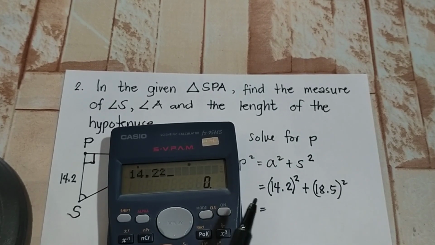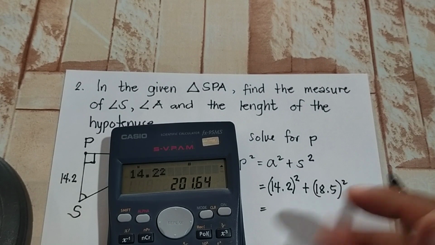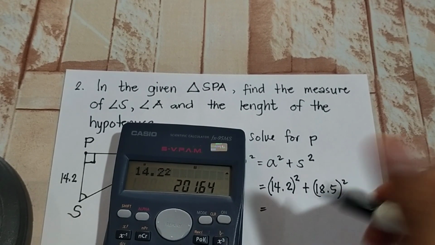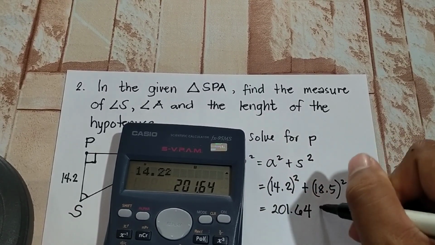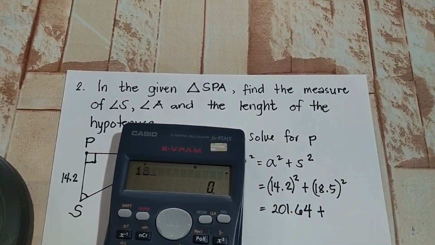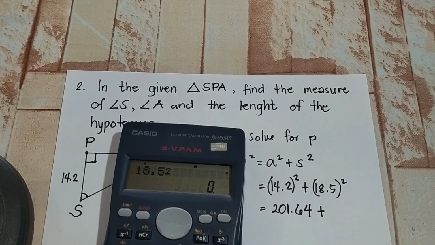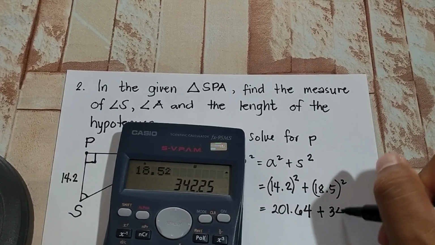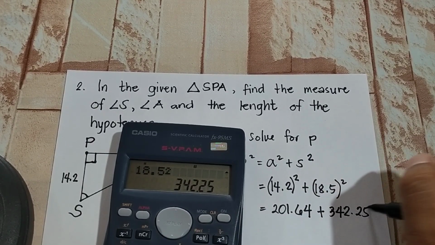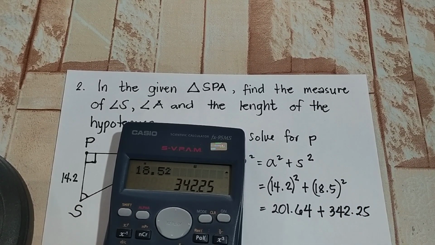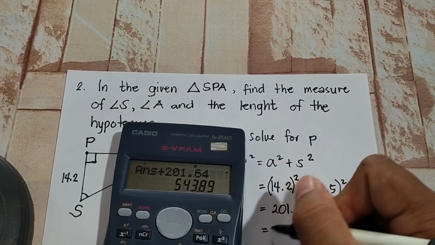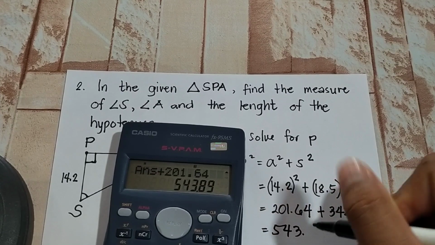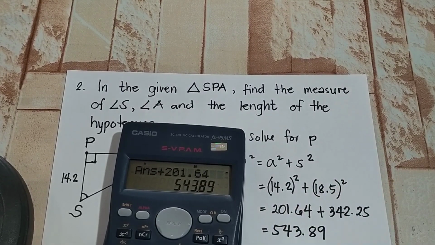So we have 14.2 squared. That is 201.64, plus 18.5 squared, which is 342.25. Combining them together, 342.25 plus 201.64 is equivalent to 543.89.